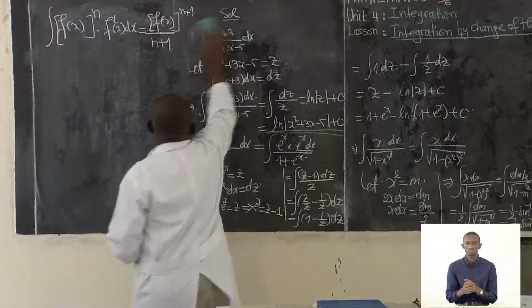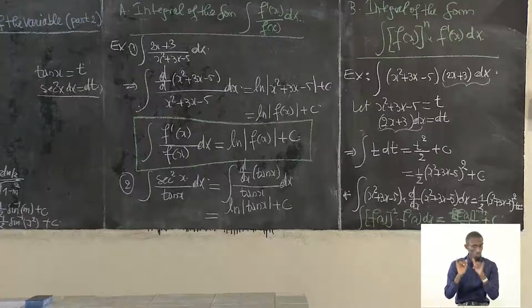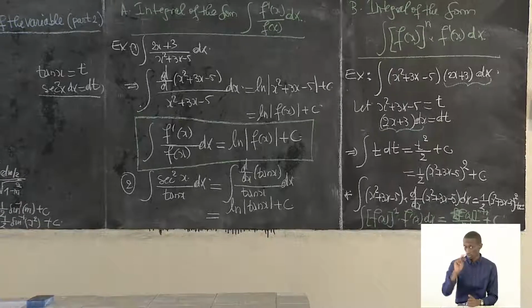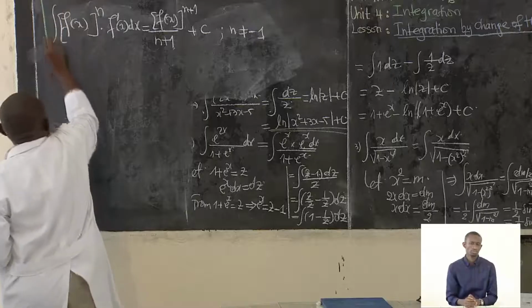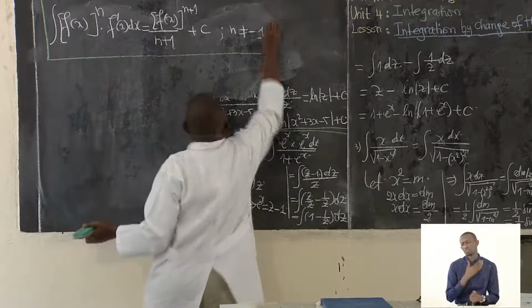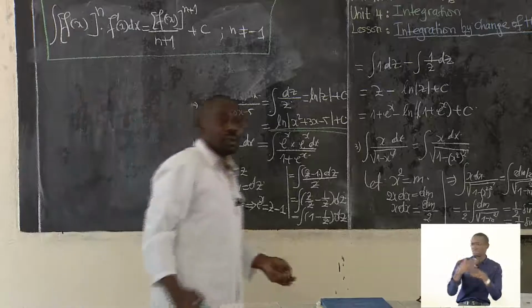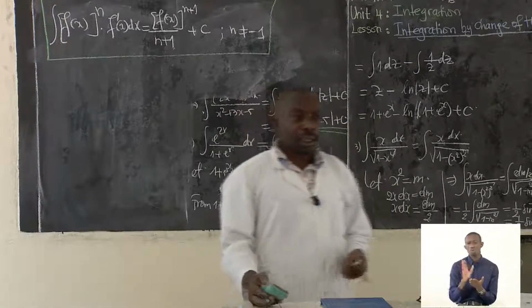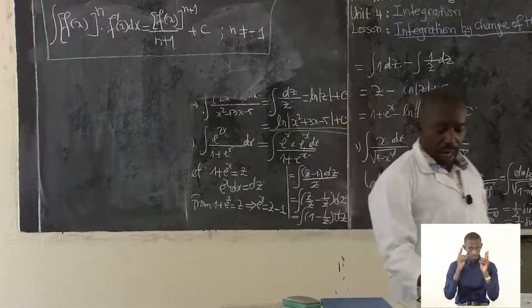Of course, you have to add that constant of integration plus c. Obviously, n must be different from -1. Please copy this formula in your record book for reference. It can be taken as a standard integral, right? Okay.